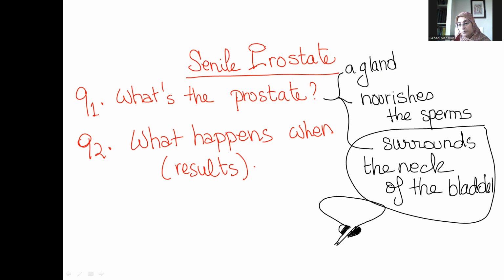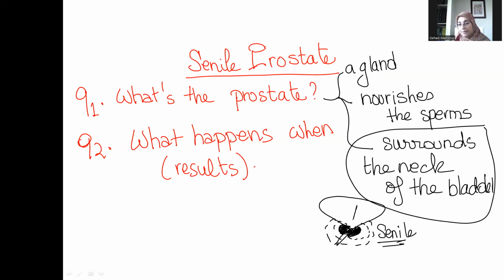So at old ages, there is gradual enlargement of the prostate, which we call senile enlargement of the prostate. Senility means advancing age or old age. So the more the prostate enlarges, the more it compresses the urethra here.